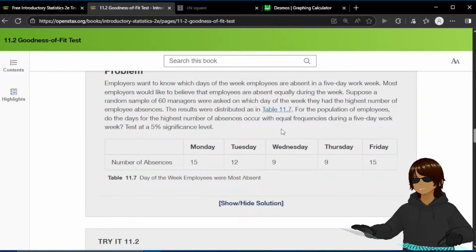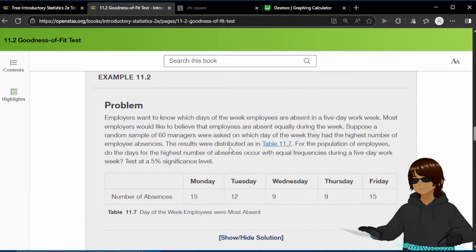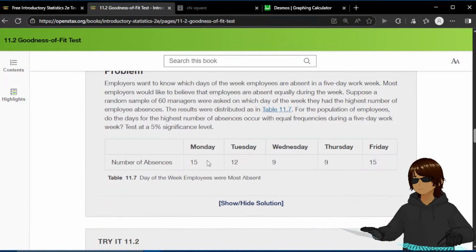For the population of employees, do the days with the highest number of absences occur with equal frequencies during a 5-day work week? So which days of the week employees are absent in a 5-day work week?